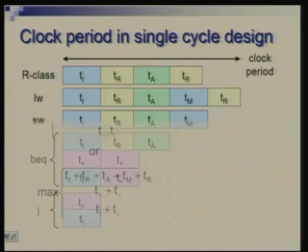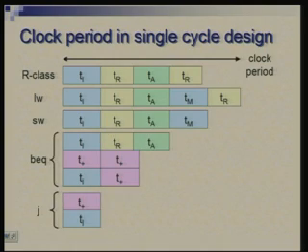To illustrate this further, let us look at some values. Again, I am not putting these values in a numeric sense, but trying to depict it pictorially. The horizontal axis here is the time axis, and for each instruction I am trying to show the delays involved in the flow of information along the data path. For R class instruction there is delay involved in fetching the instruction, fetching the operand from register file, then doing the arithmetic operation, and finally storing the result in register file, and so on.